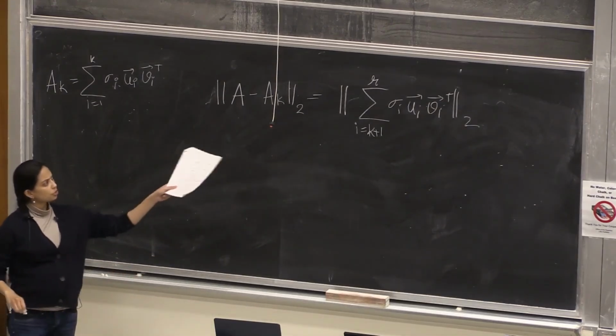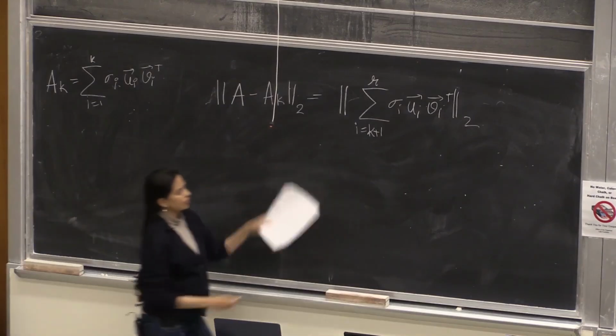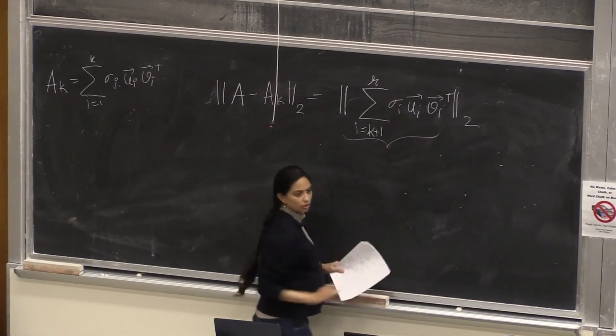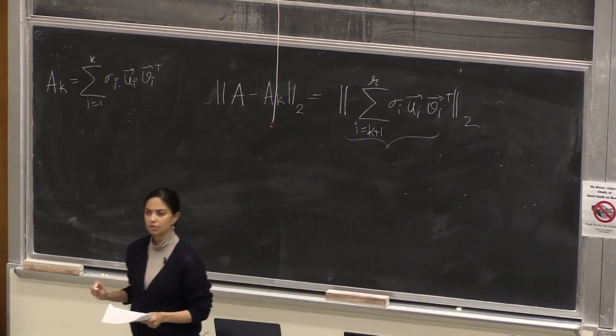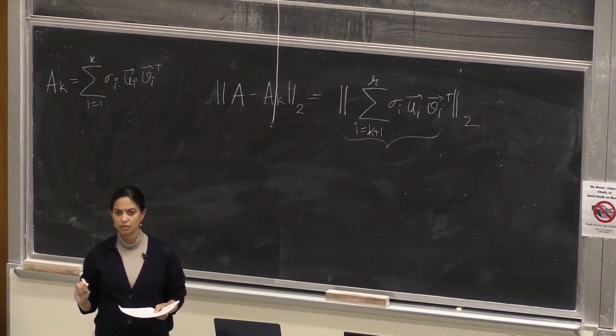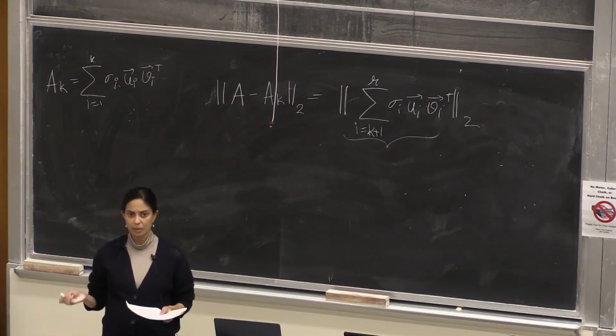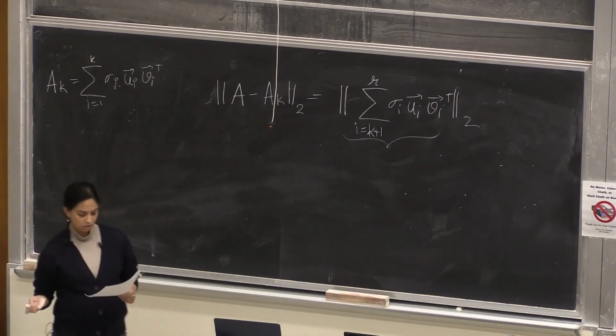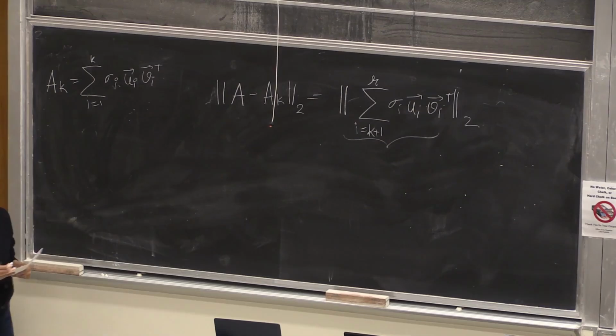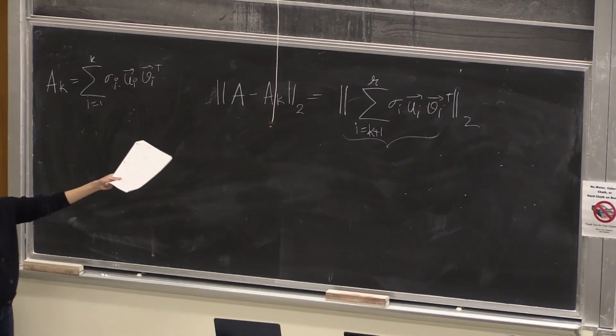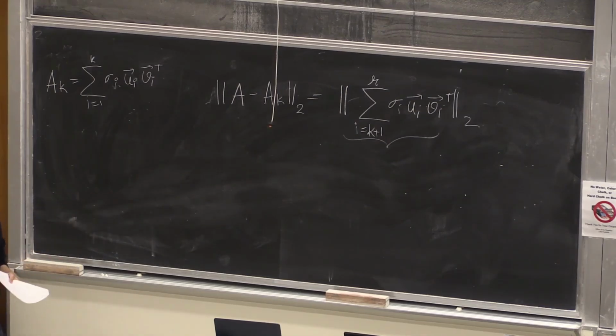So how many non-zero singular values? This is also a matrix, right? Inside this 2 norm is a matrix. And how many non-zero singular values does it have, this matrix? R minus K, right? Okay, good. Can you actually compute the 2 norm of this matrix?